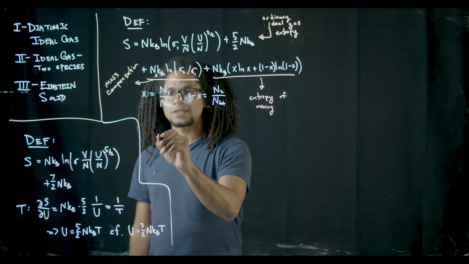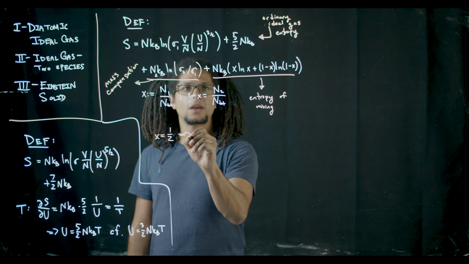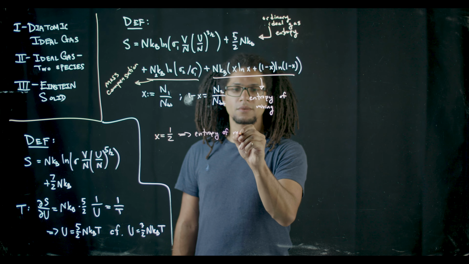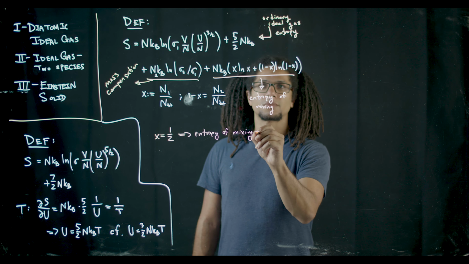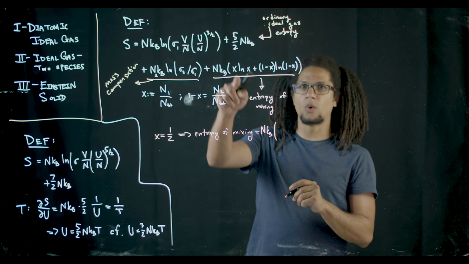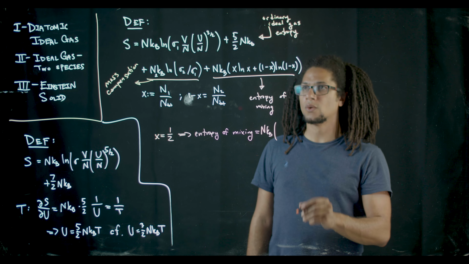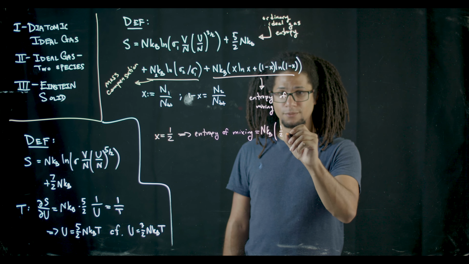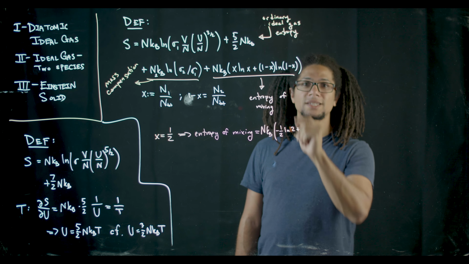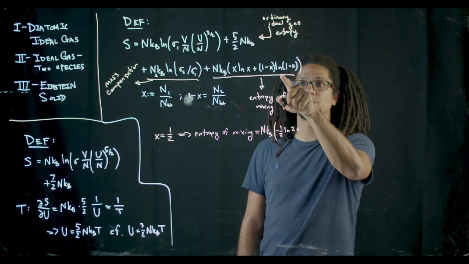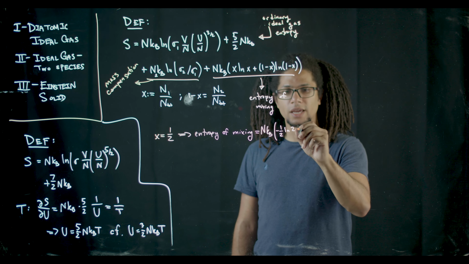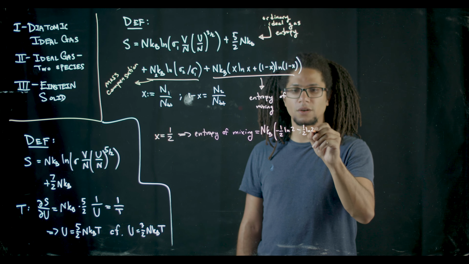So if x is equal to 1/2, that would imply that the entropy of mixing is equal to nk_B times 1/2 log 1/2, which is 1/2 negative log of 2, plus, well, 1 minus x is also 1/2, so 1/2 times negative log of 2. So this, again, is minus 1/2 log of 2.